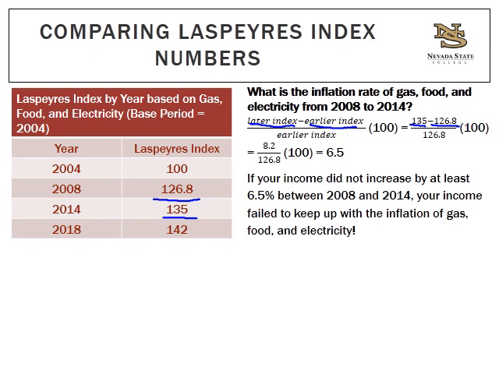So you plug those values into the formula and you get 6.5. And what this tells you is if your income did not increase by at least 6.5% between 2008 and 2014, your income failed to keep up with the inflation of gas, food, and electricity.